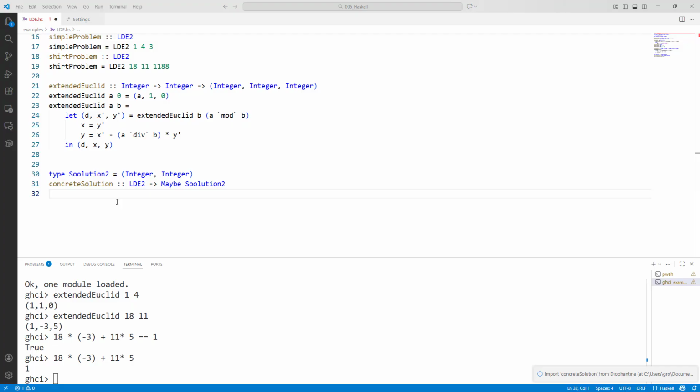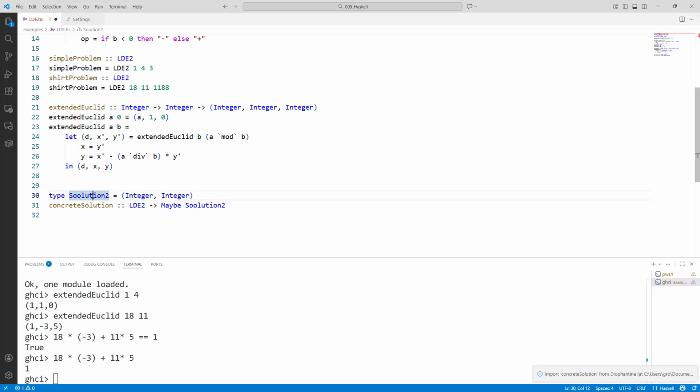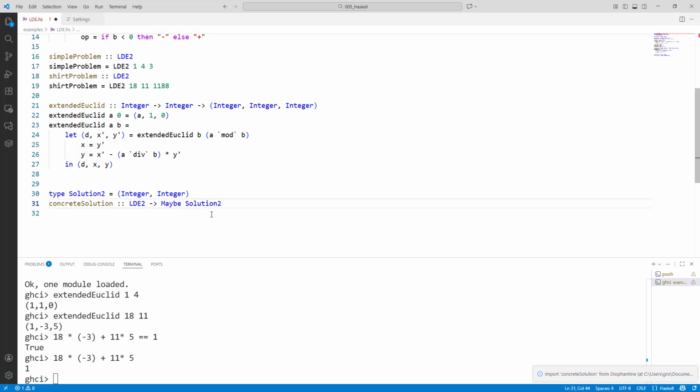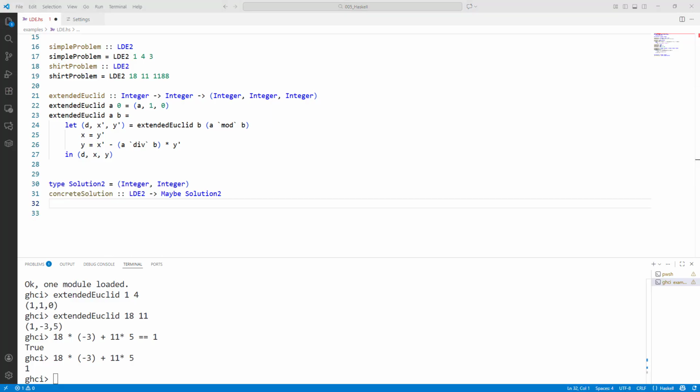Exactly. So yes, we define Solution2 as a type alias, but before defining it this way, let's make sure that we are actually copying our things like that, and there should be no mistakes further. Yeah, so now let's write the function.